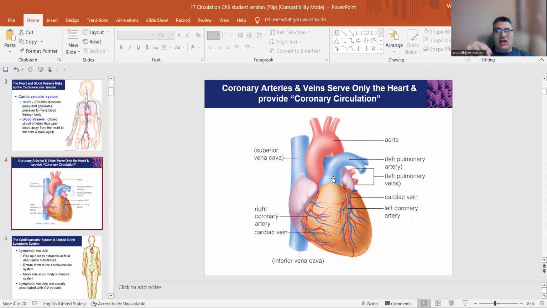Once you go to the lung, it will get rid of the carbon dioxide and gain oxygen, and that will return back. Look at these pulmonary veins, will return it, but to the left atrium, the left upper chamber, from which, through a valve, it will go to the left ventricle. So what do we have in these pulmonary veins? Oxygenated blood.